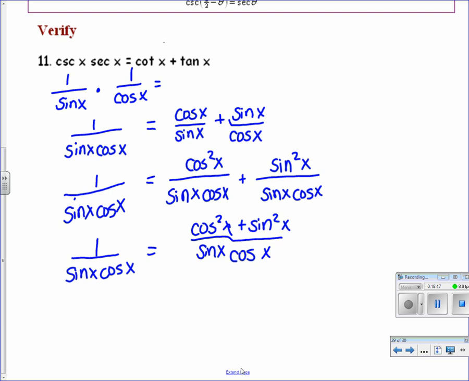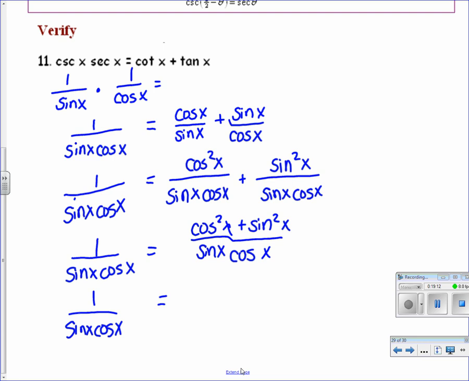Okay. Now, we're almost done. So this is 1 over sine of x cosine of x. Now, I added these together because since we have a common denominator, I can put these numerators together. Now look at your numerator. That's equal to 1, because that's a Pythagorean identity. Sine squared of x plus cosine squared of x is 1.